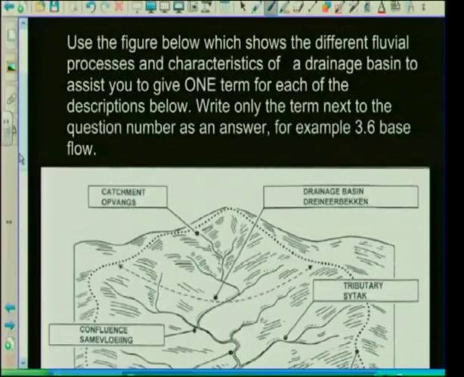Moving on. Okay, question 3. Use the figure below, which shows the different fluvial processes and characteristics of a drainage basin to assist you. Give one term for each of the descriptions below and write only the term next to the question number.